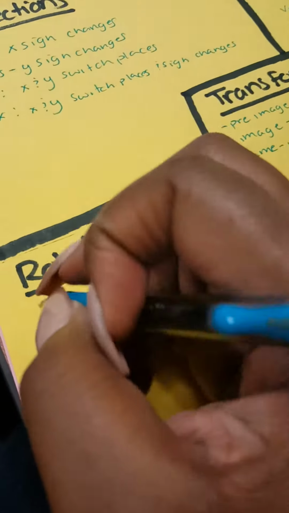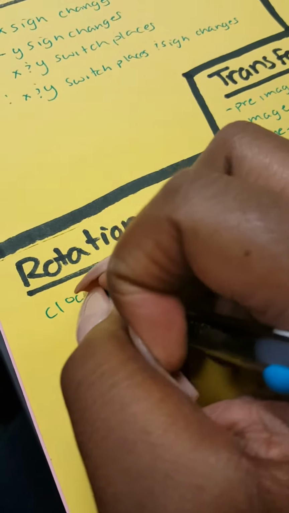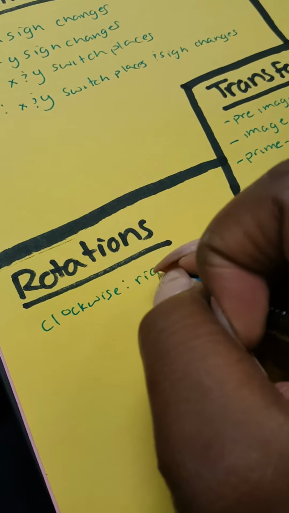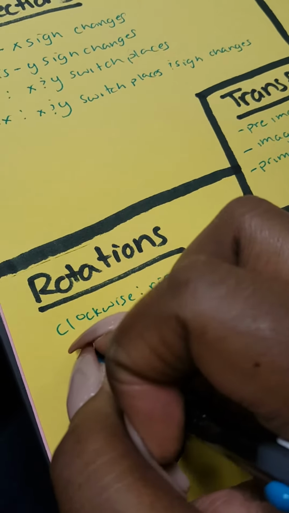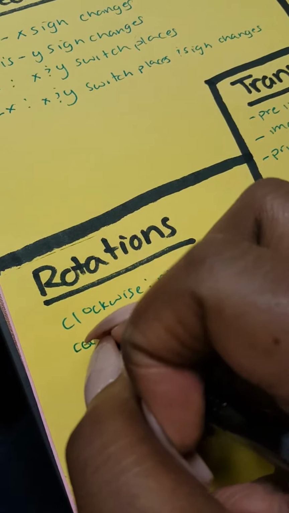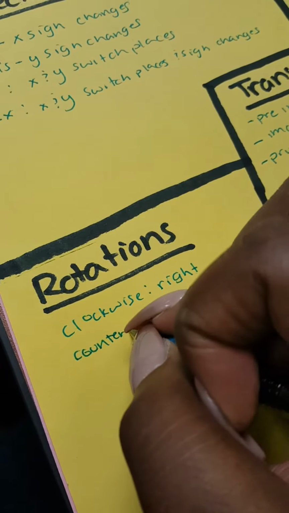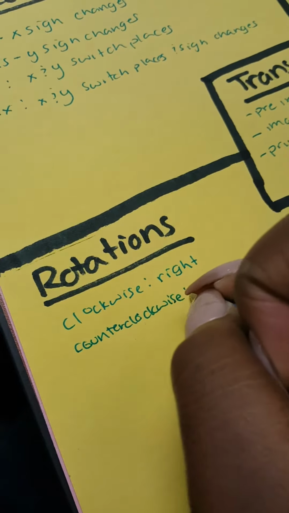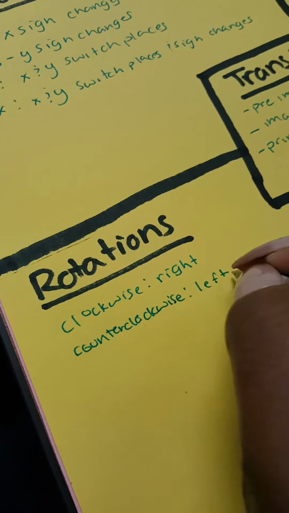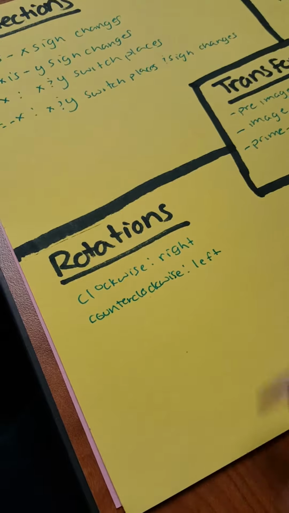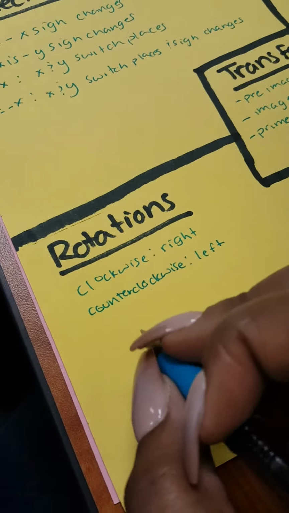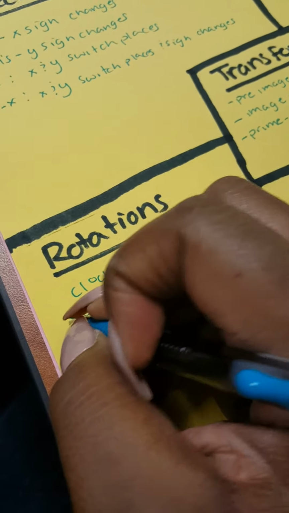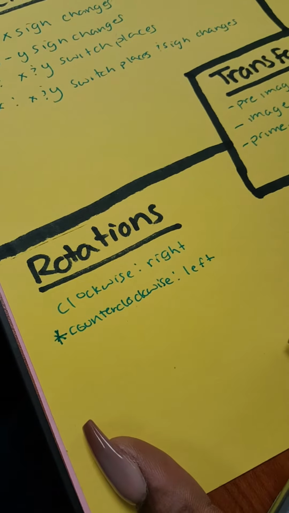Rotations. If you're going clockwise, you're going to go to the right. Counterclockwise, to the left. If they don't tell you which direction to go, you automatically do counterclockwise.